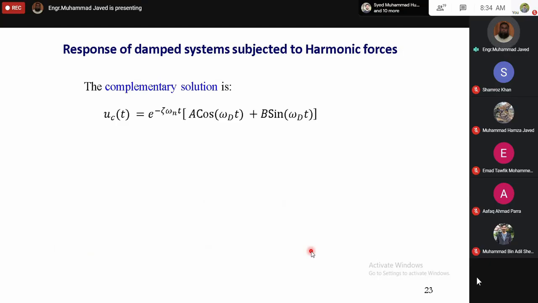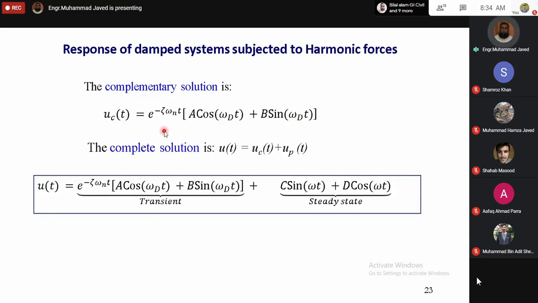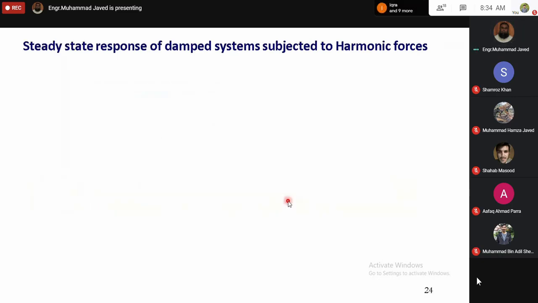Similarly, the complementary solution is also produced here. And complete solution, which will be sum of the complementary and particular solution, is also reproduced here.